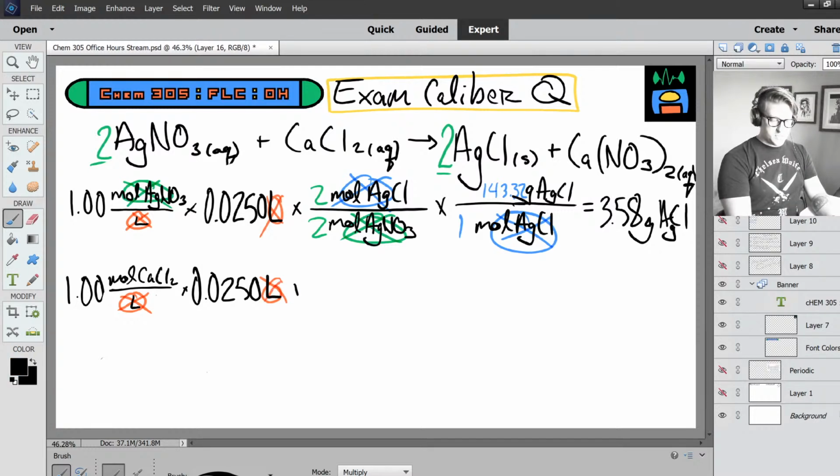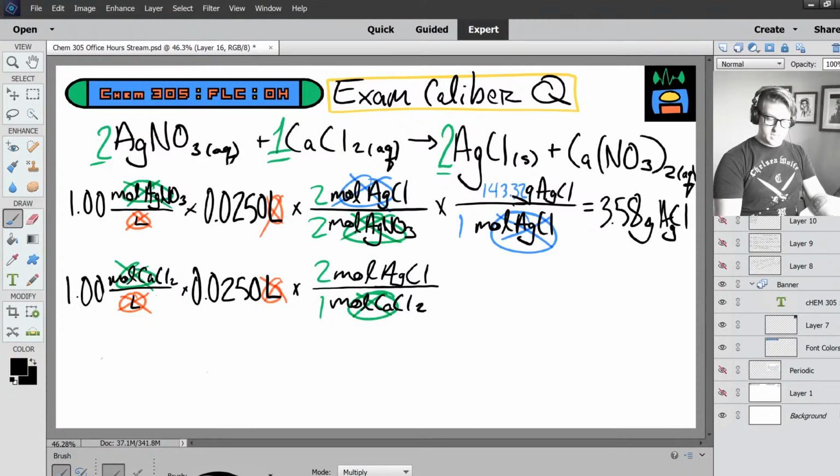Next, we need to cancel moles of calcium chloride and convert it to moles of silver chloride. Now here, the balanced chemical equation tells us 1 mole of calcium chloride produces 2 moles of silver chloride.